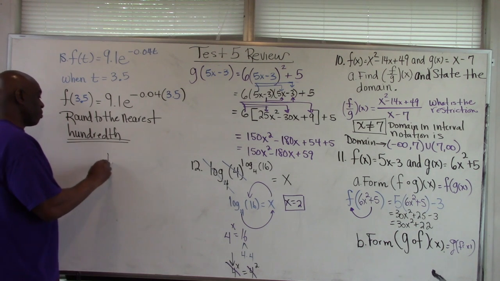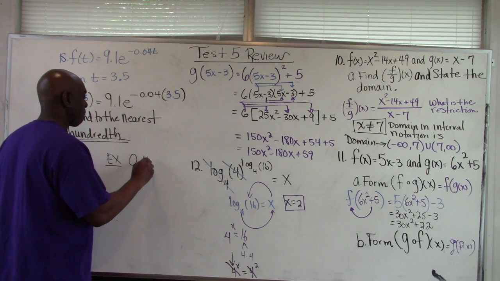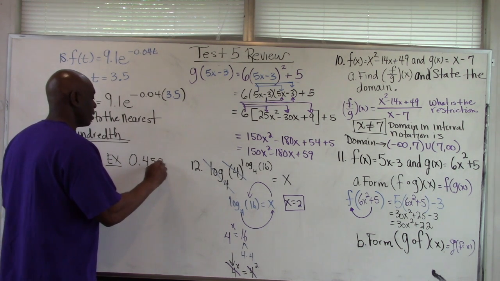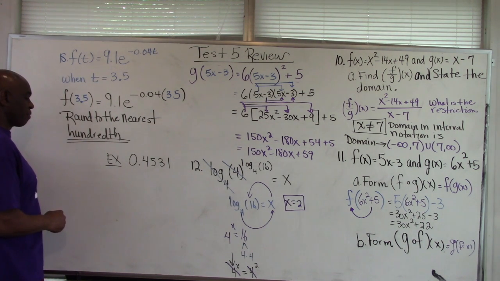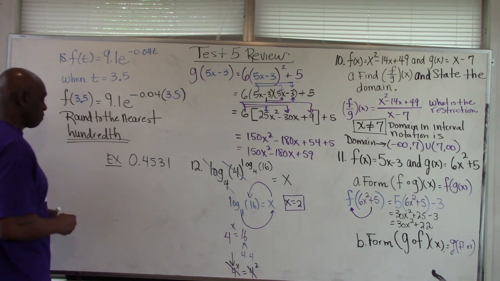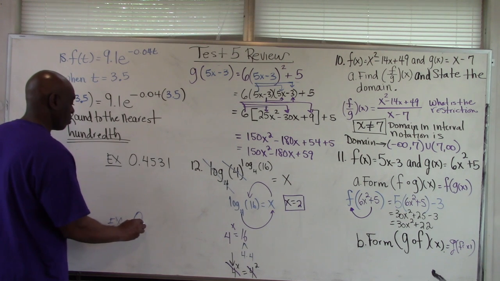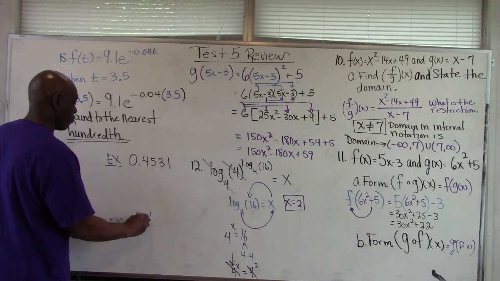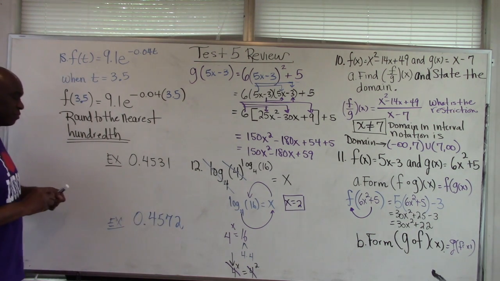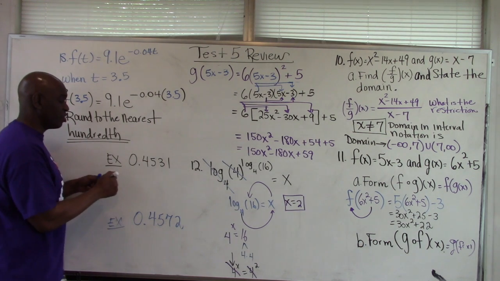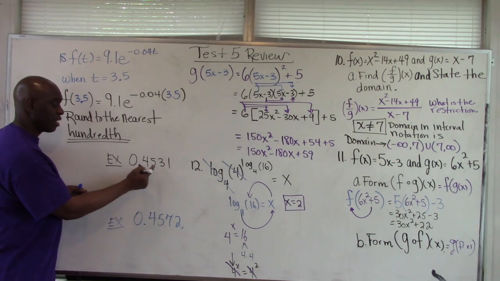All right, so for example, if you got 0.4531, what's the nearest hundredth here? Compared to, for another example, what if I had 0.4572? If I round this to the nearest hundredth, well, here's the units column, tenths, hundredths.